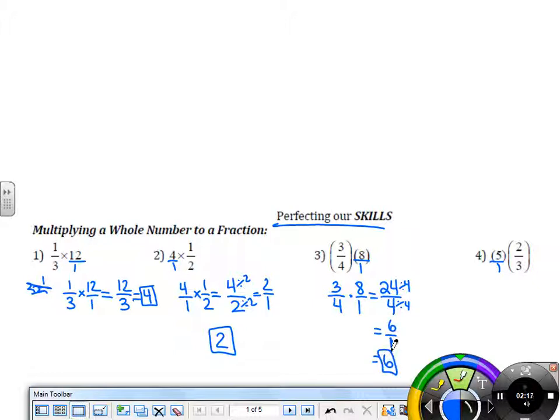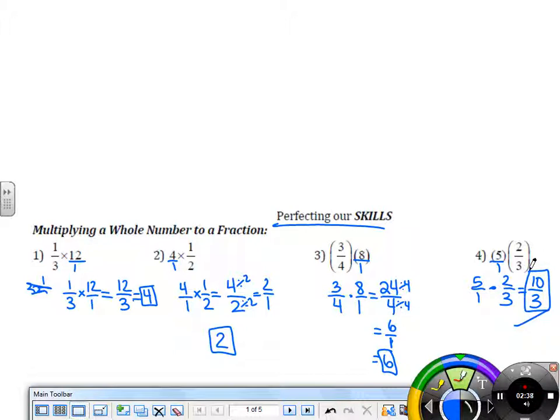And our last problem here is 5 over 1 times 2/3, which is going to give us 10/3. Notice that this does not simplify completely, and there's not even a factor that goes into both 10 and 3, so I'm going to leave the improper fraction as my answer.